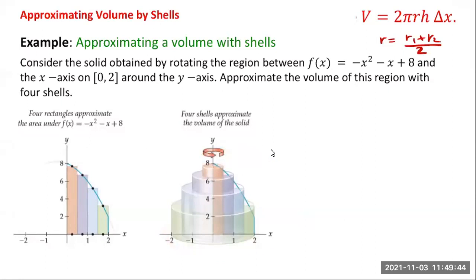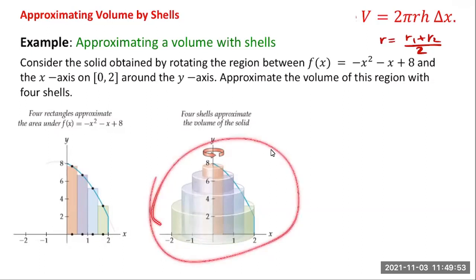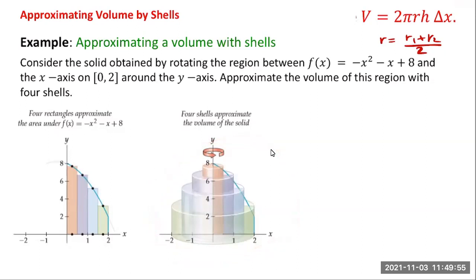As you can see, the sum of the volumes of those 4 shells is an approximation for the actual volume of the object. From this picture, all you need to do is find the sum of the volumes of these 4 shells.